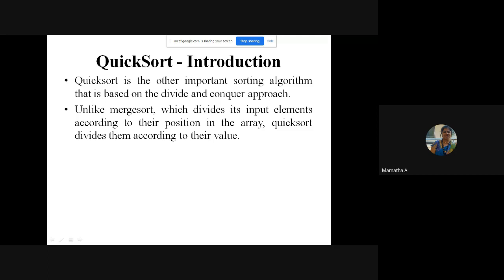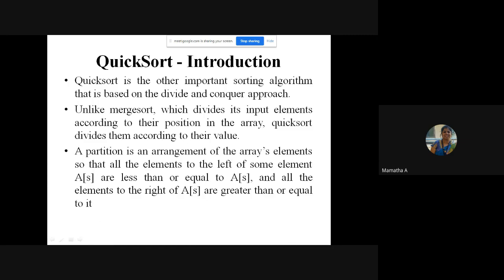Are you understanding? So when I say quick sort divides according to the value, I deal with something called partitioning. So not division, but I call it a partition. As you all know, partition is something like you take some element A of s. I partition in such a way that all the elements towards the left of A of s are less than or equal, and all the elements towards the right are greater than or equal.